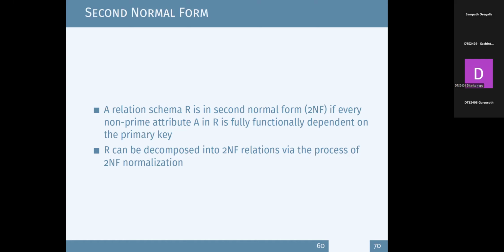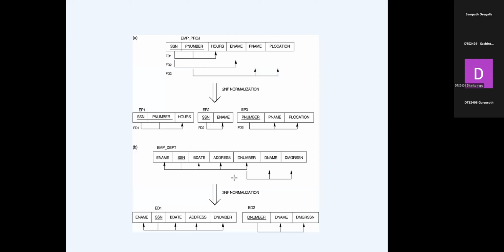They should be fully functionally dependent on the primary key. I will come to another example. So if it is not in the second normal form, then you should break it so that you get the second normal form. Right. Okay. Let me explain this with an example.